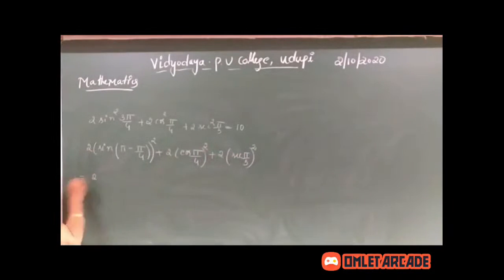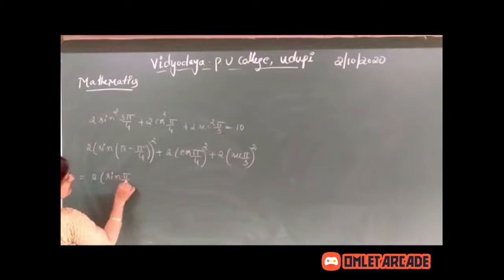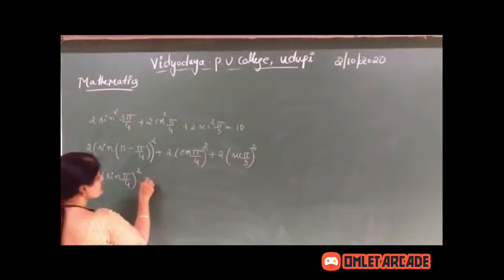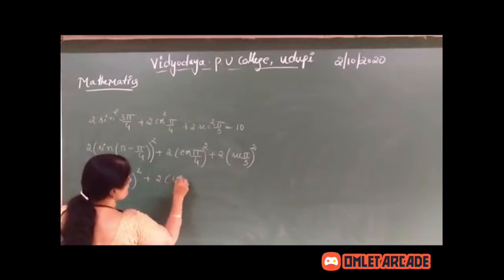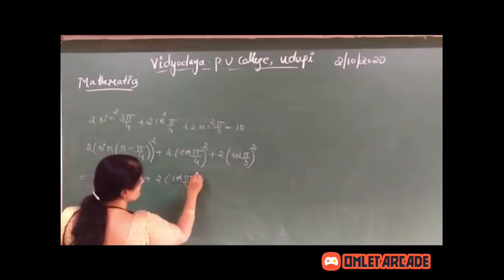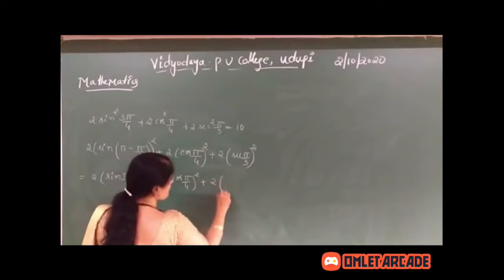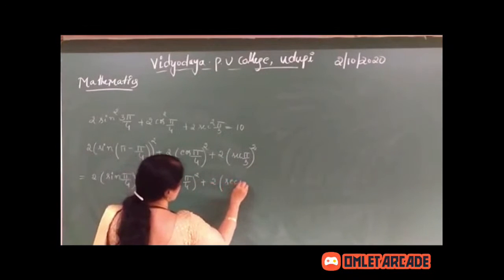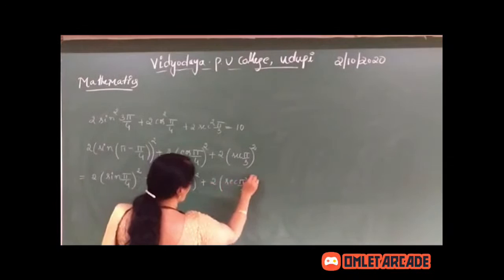Now, sin(180 minus θ) is in the second quadrant and it is sin θ itself. So we get 2 sin² π/4 plus 2 cos² π/4 plus 2 sec² π/3.